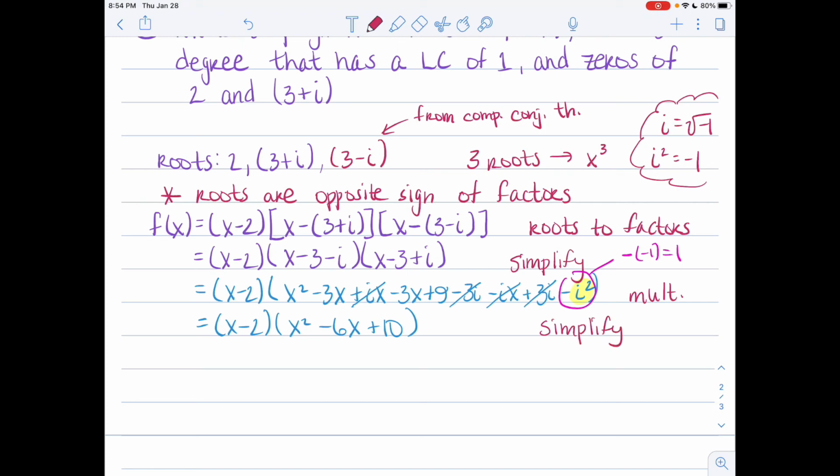And so now let's do another multiply, because I have 2 polynomials now. So I'm going to do a multiply again. So I'm going to say that this is equal to, let's see, x times x squared is x to the 3rd, and then continuing, minus 6x squared plus 10x, moving to the negative 2, minus 2x squared plus 12x minus 20.